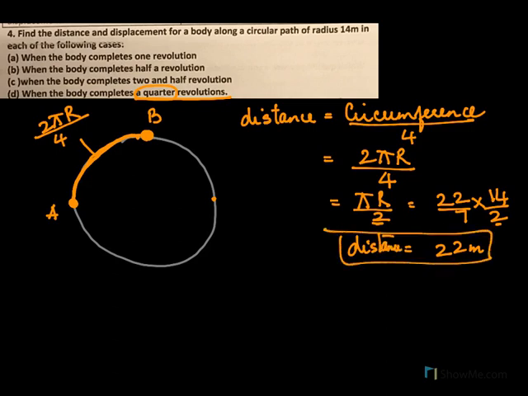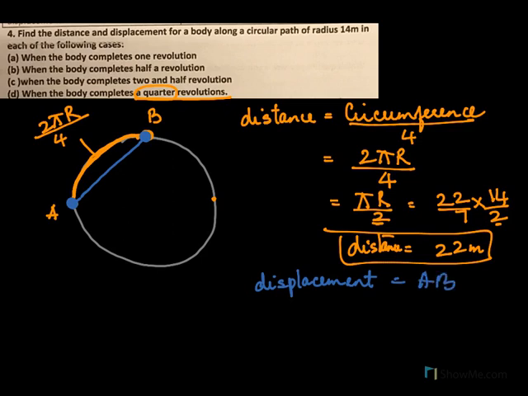22 meter. Now for the displacement, we need to note which is the initial position. This was the initial position and this was the final position. And the distance between them is this. This is my displacement. So my displacement is AB. Now the question is, how do I find AB?